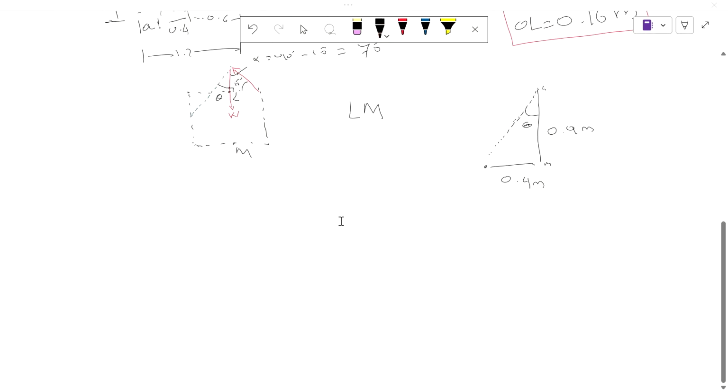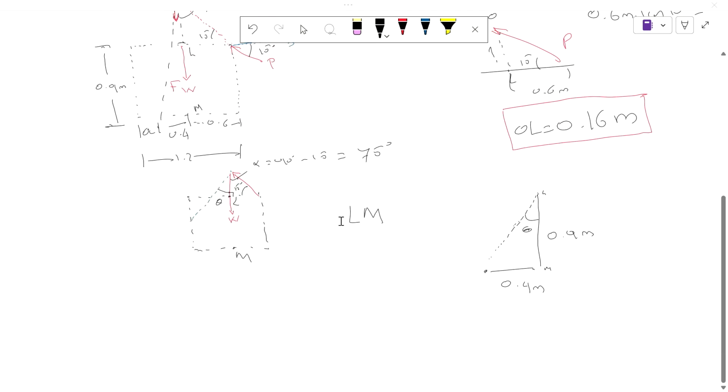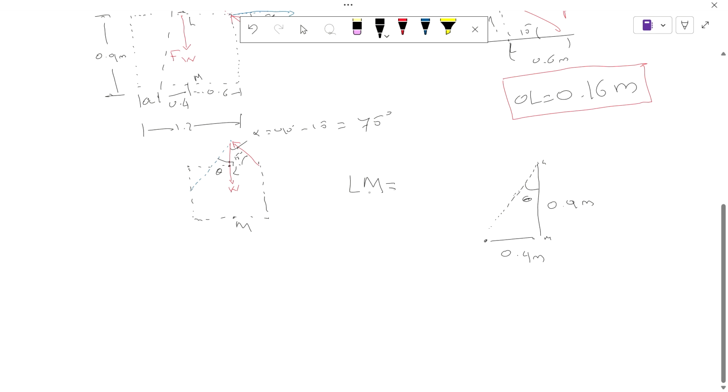All right, let's see. Okay, so now the point LM is equal to that distance. Well, let's see, the point OM is equal to LM plus OL. Basically, this distance of the box, which we know is 0.9, plus that distance, which we also know, which is 0.16.